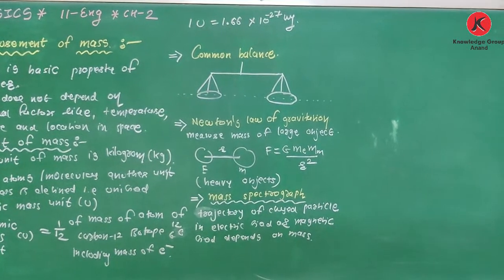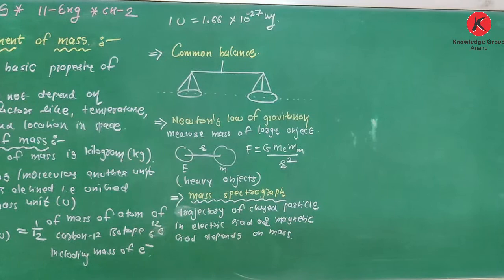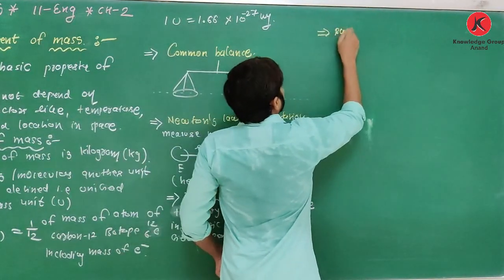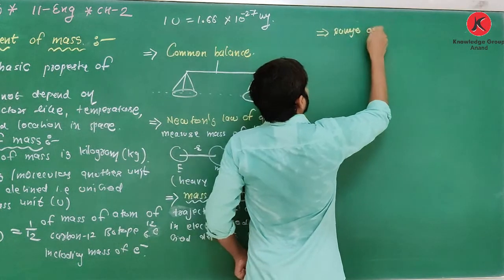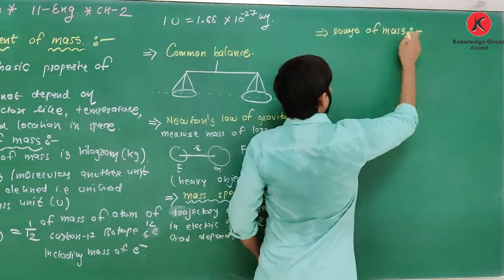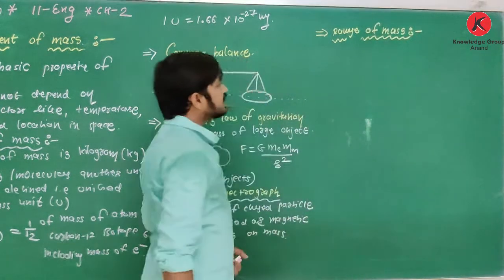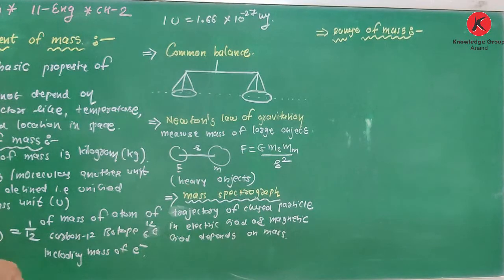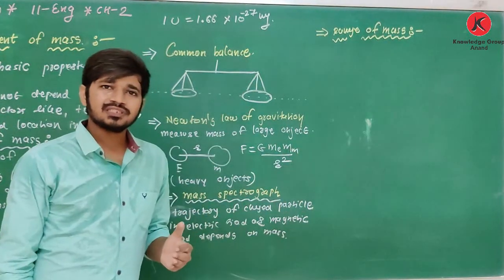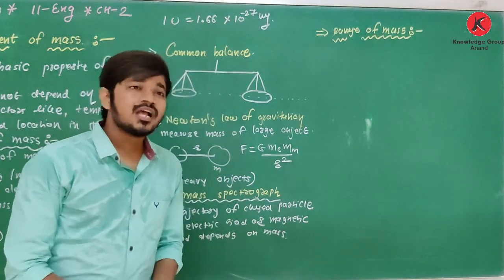Now we will see the range of mass. What is the meaning of range? Range means what is the mass of the lightest particle and what is the mass of the heaviest.